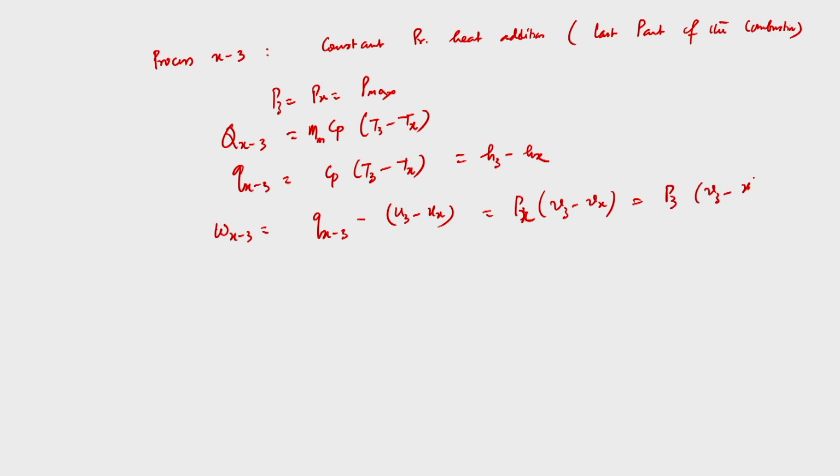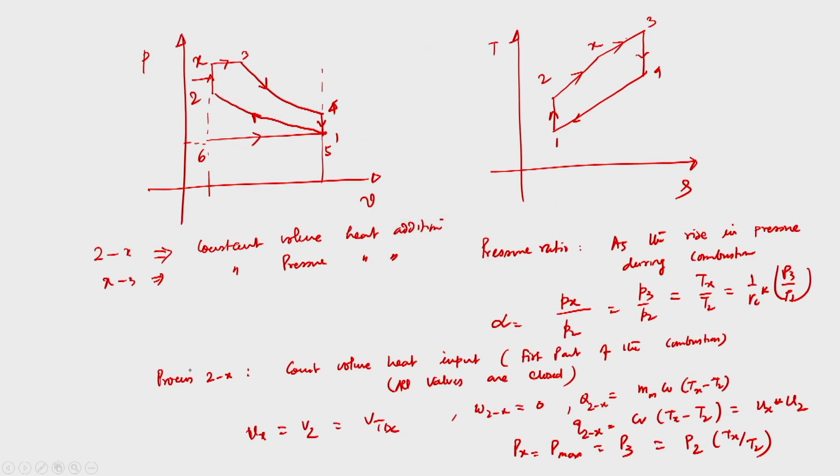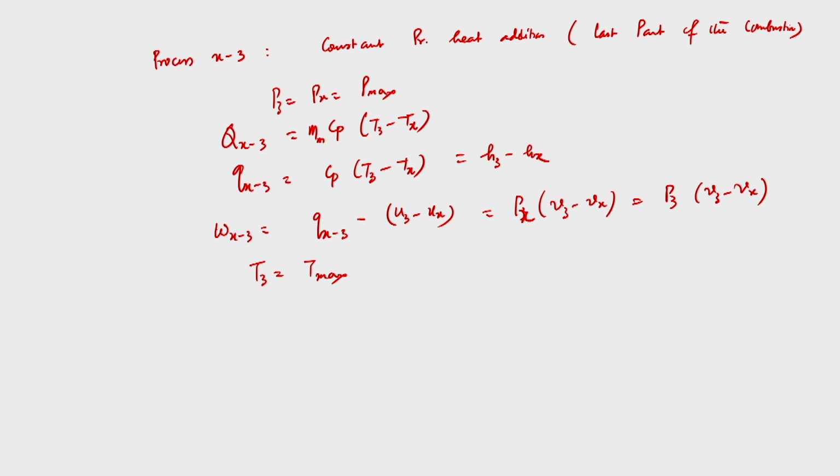And T3 is T max. If we go back to my previous slide, it is written that T3 is the maximum temperature in the cycle. So we have obtained that T3 is equal to T max. In constant pressure heat addition, again all valves are closed.